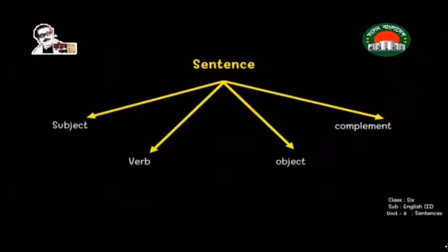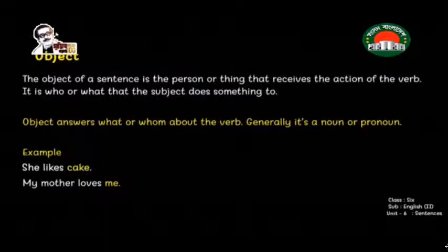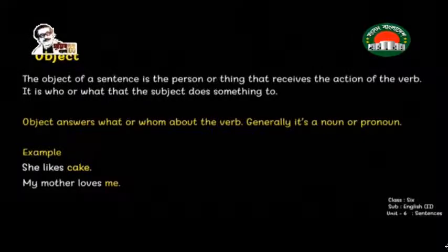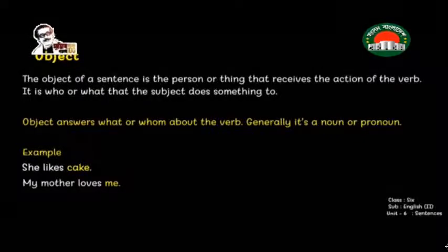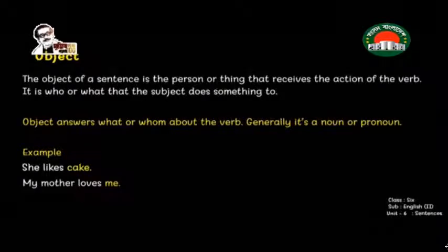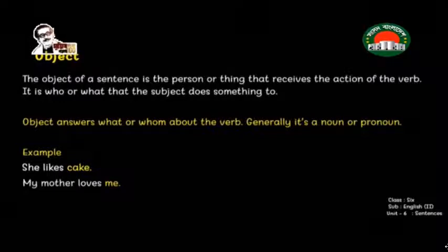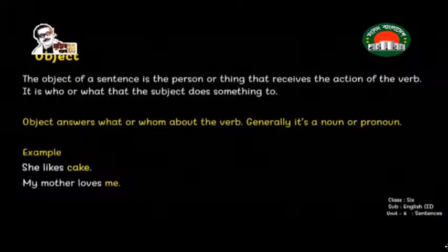So, let's discuss. Object. The object of a sentence is a person or thing that receives the action of the verb. It is who or what the subject does something to. So, the object answers what or whom about the verb. Generally, it's a noun or pronoun. For example, she likes cake. Here, we have our subject she.